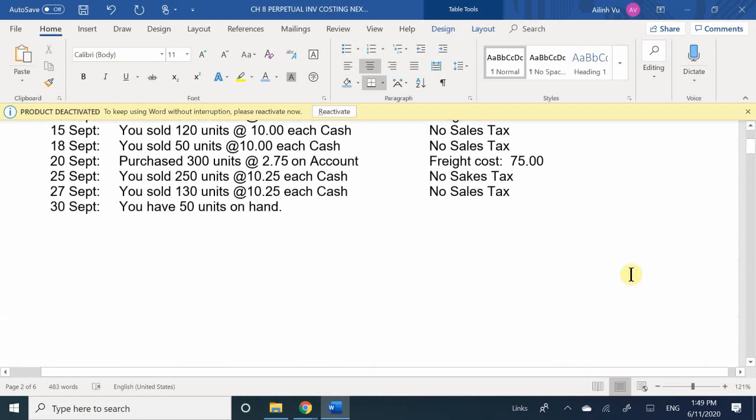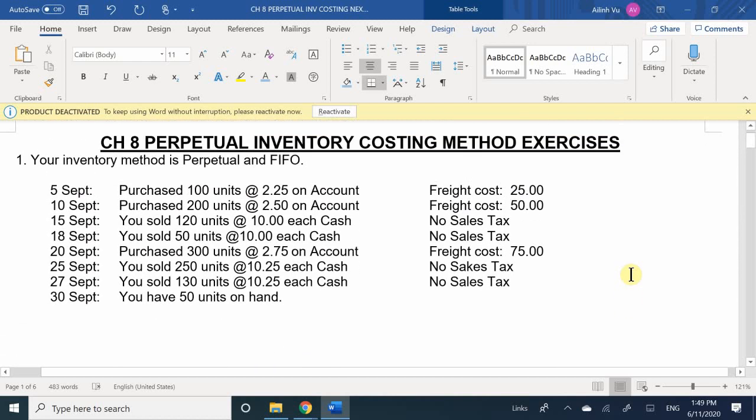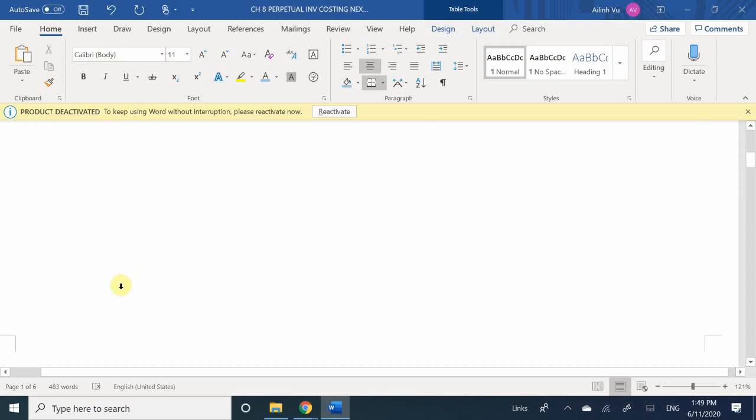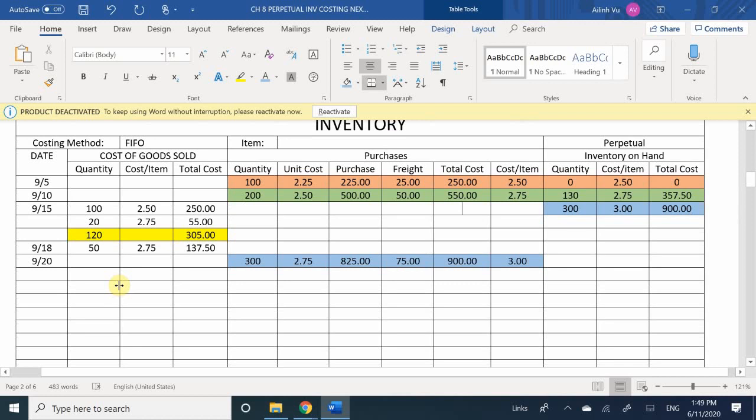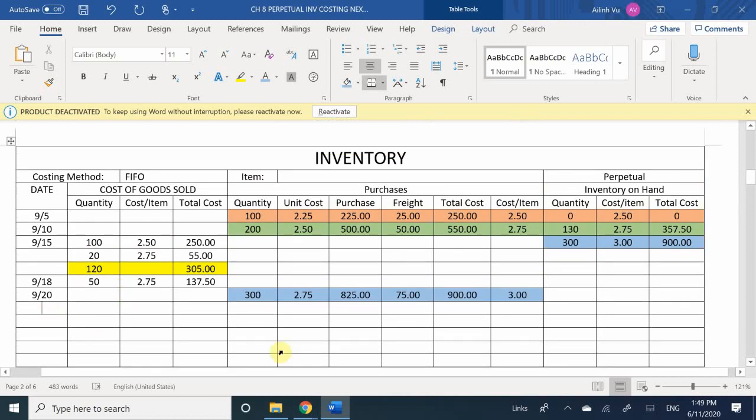So what is the next transaction? On 25 September, we sold 250 units.